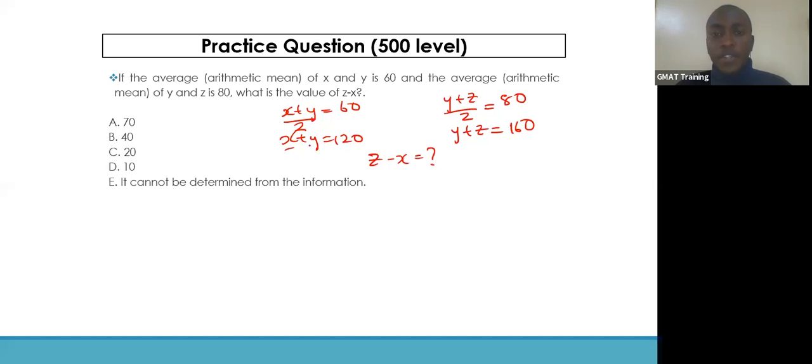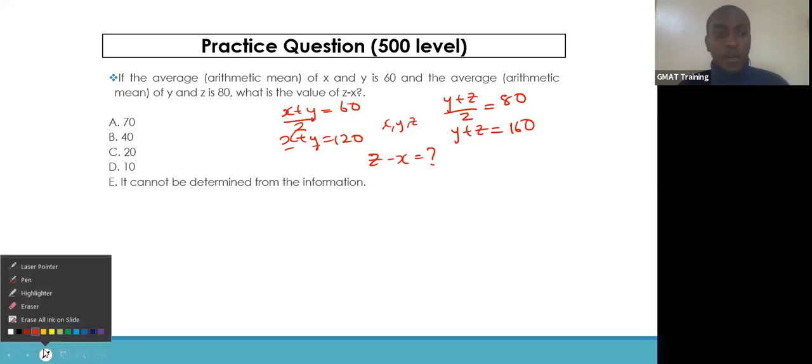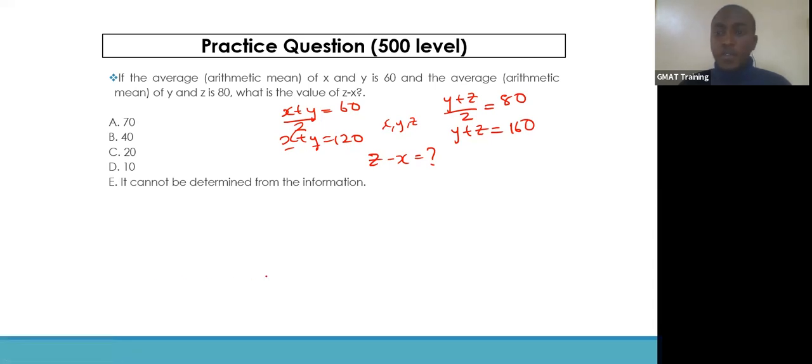Seems like we have 3 unknowns, X, Y, and Z, and we need to find the value of Z minus X. Here's how we can find it, by eliminating Y. X plus Y equals 120. We also know that Y plus Z equals 160. How do we find Z minus X?